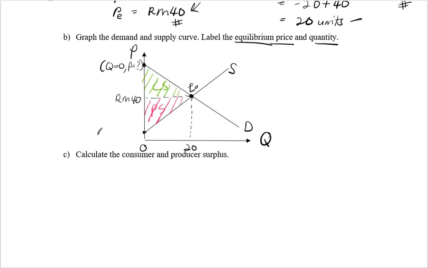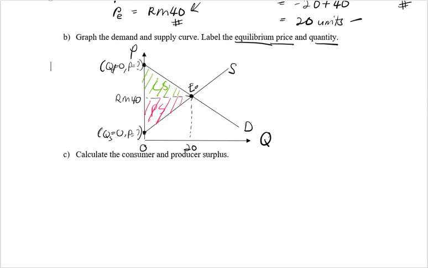This one is also where quantity supplied equals 0, while this is quantity demanded; the price is unknown. So what you need to do is find the value of P here.